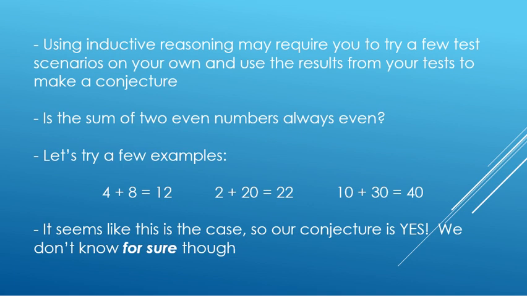So our conjecture or our conclusion that we're going to draw is yes, we think that the sum of 2 even numbers is always even. But again, we're just drawing this conclusion based on a couple samples. We don't know for sure that this is true for all even numbers out there.